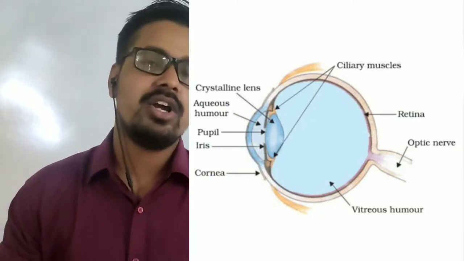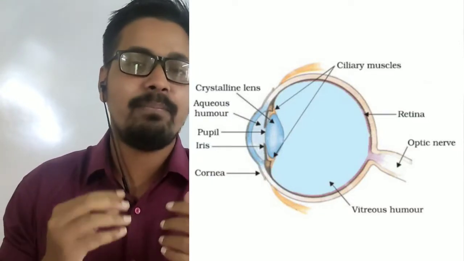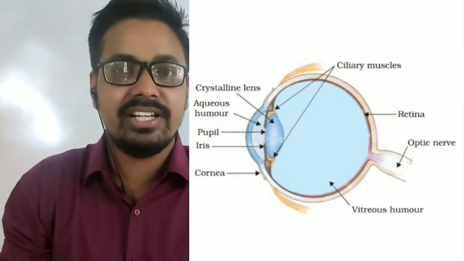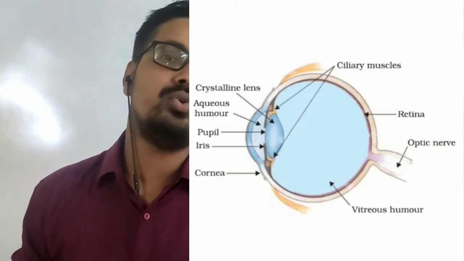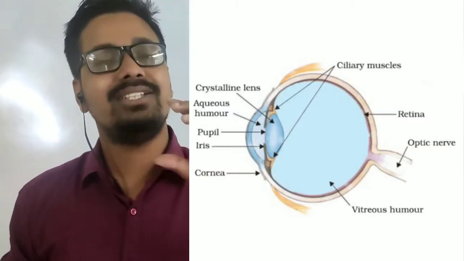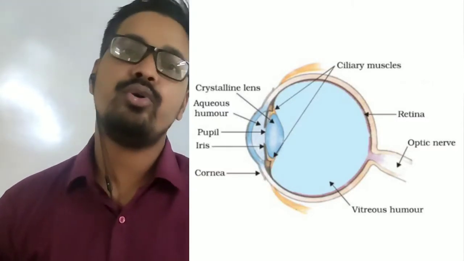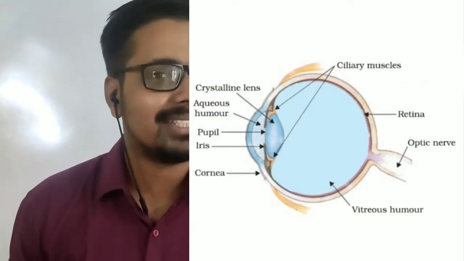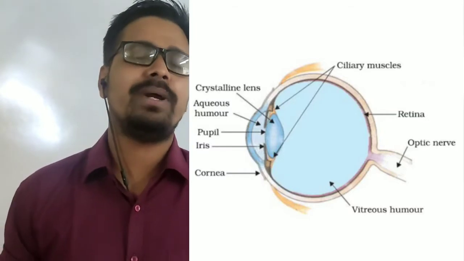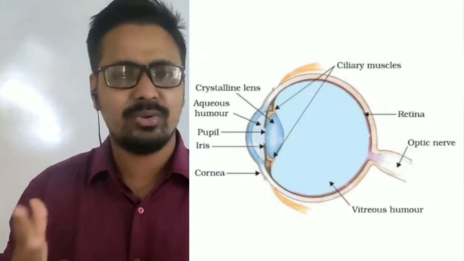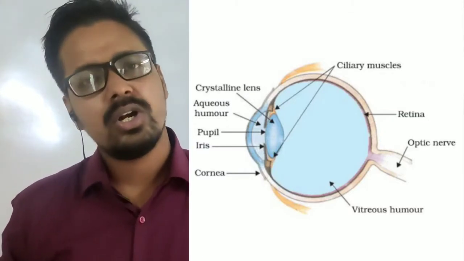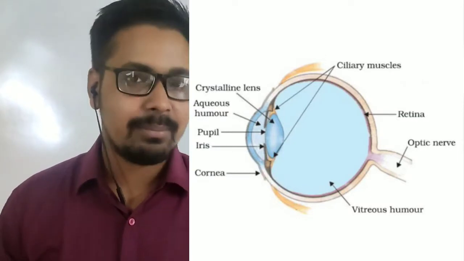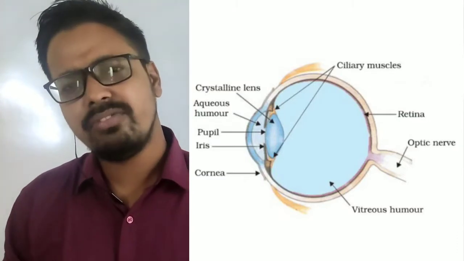The vitreous humor applies pressure from the inside of the eye so that the whole eye can stay spherical. If you lose your vitreous humor, your eyes will collapse and shrink, and you cannot form the required image inside your eye. I hope that is clear. The vitreous humor also provides some of the nutrition to the eye. Proper pressure, proper nutrition, and proper health of the eye are maintained by the vitreous humor. So that is all about the vitreous humor.